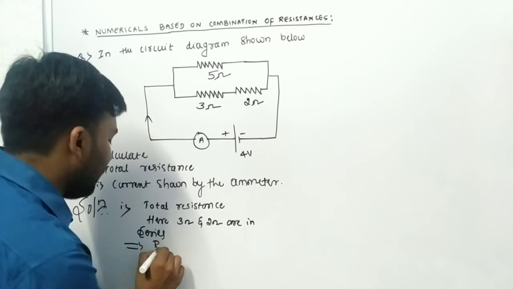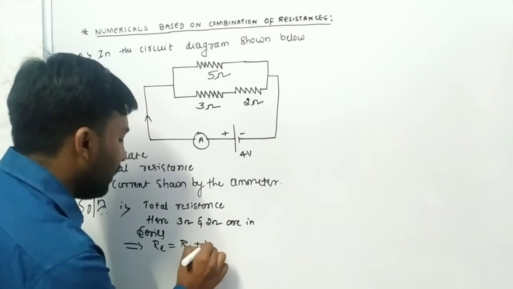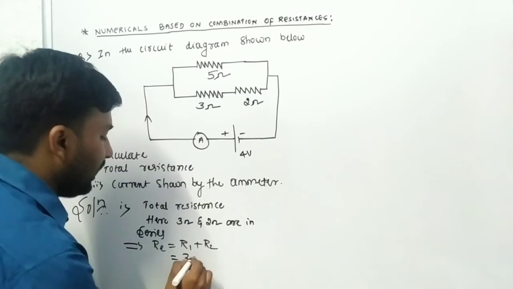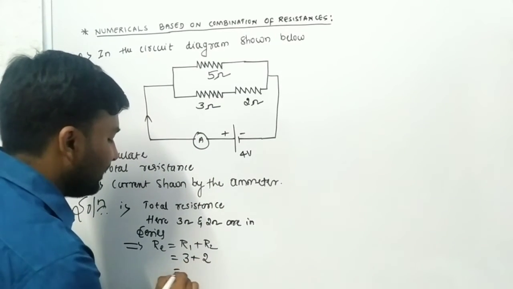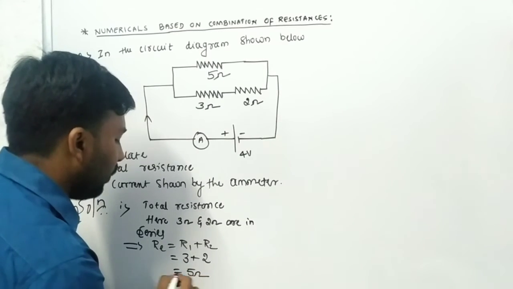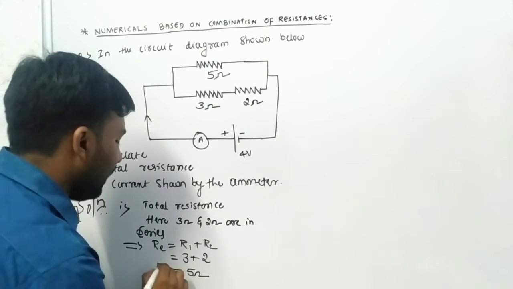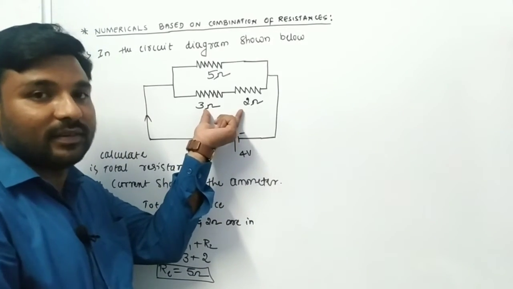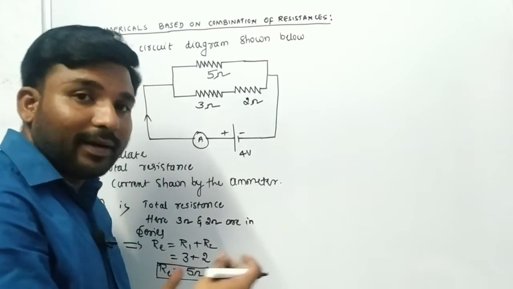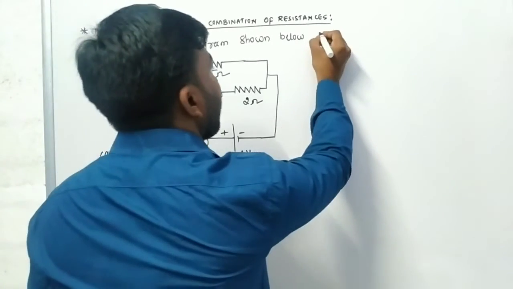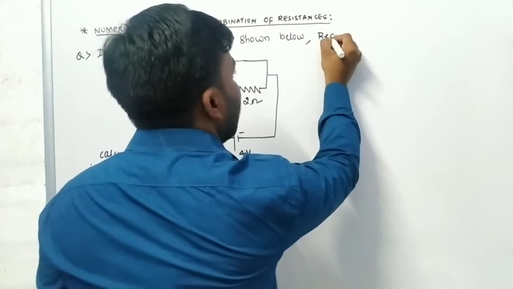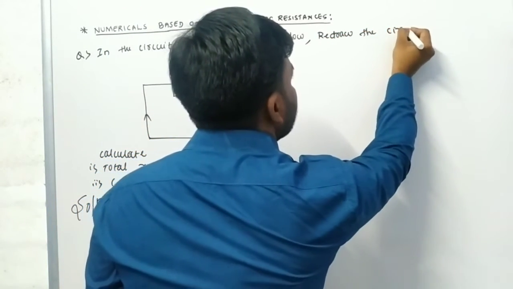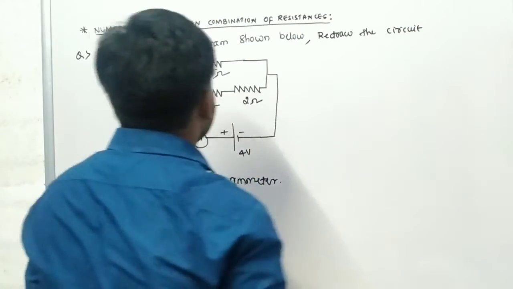This implies that R equivalent is equal to R1 plus R2. This is equal to R1, it is 3, R2 it is 2. This is equal to 5 ohm. R equivalent we got 5 ohm for these two resistors. Now redraw this circuit.